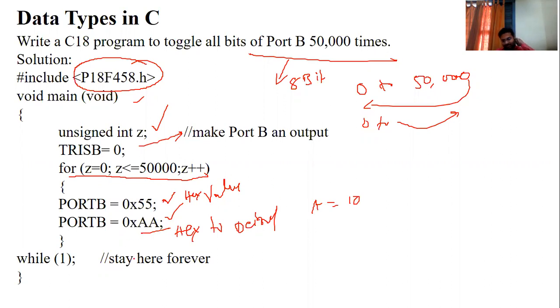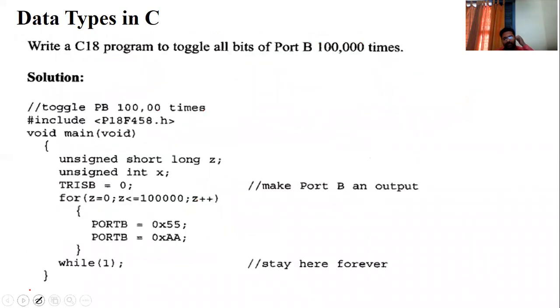See this. Again, suppose for all the bits you want 10,000 times; same program, you only change it here.